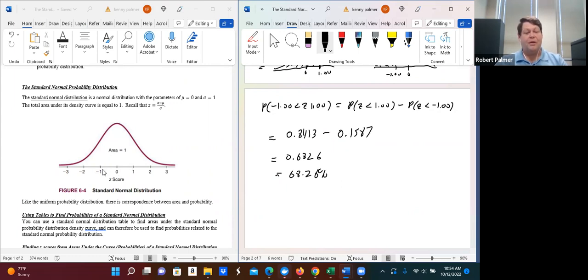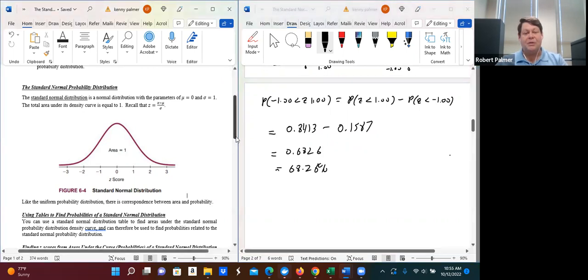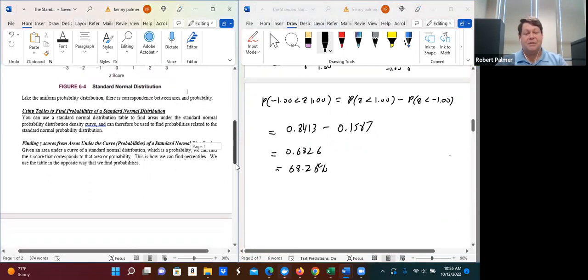Okay, so between -1 and 1 standard deviations from the mean, you have approximately 68% of all your data values. This is also true, for example, for height. So the height of men or women, approximately 68% of all people are within 1 standard deviation above or below the mean. Okay, now what I'm going to do now, then, let's talk about how we can actually do these same things with Microsoft Excel.